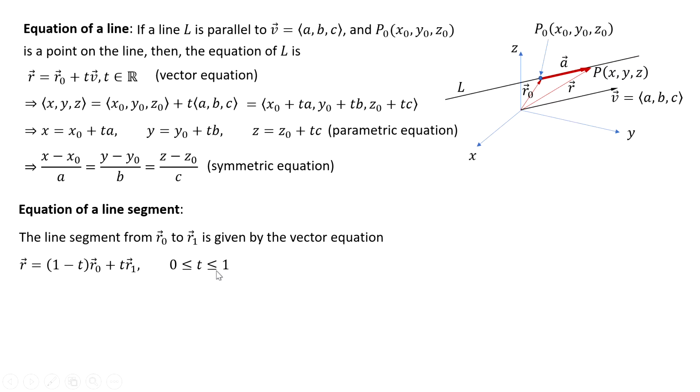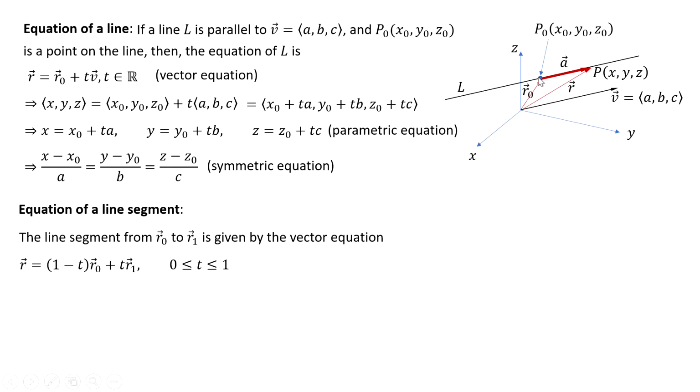When t equals 1, the first term goes to 0 and the second term becomes 1 times r1, so r is equal to r1. So when t takes on the value of 1, we are at the end point. What happens if t takes on in-between values, 0.1, 0.2, 0.3, and 0.4? Well, we get the intermediate points, the points in between. That's the cleverness of this one.